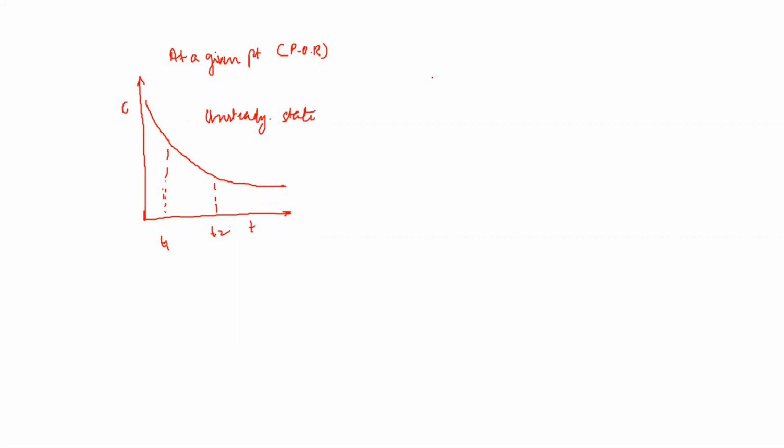Now for a steady state process, as I discussed, at the point of reference, whatever the point may be, the concentration is going to stay the same irrespective of time.